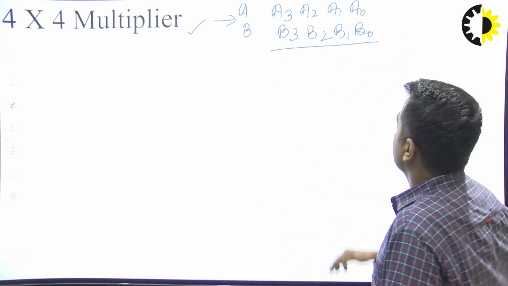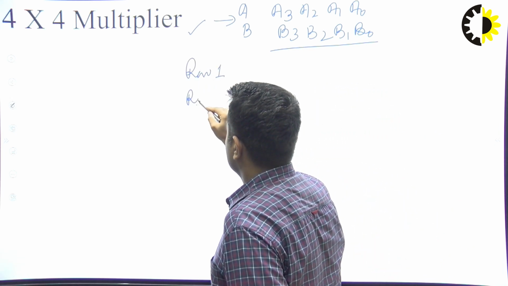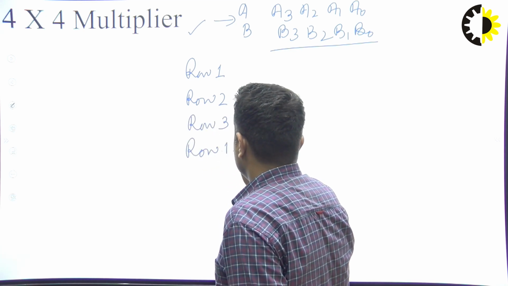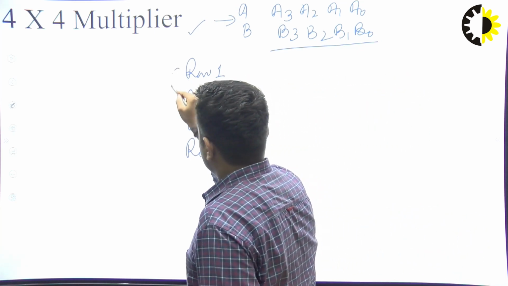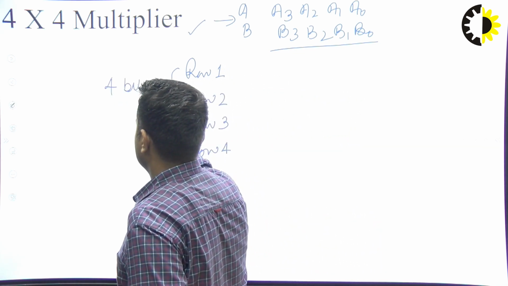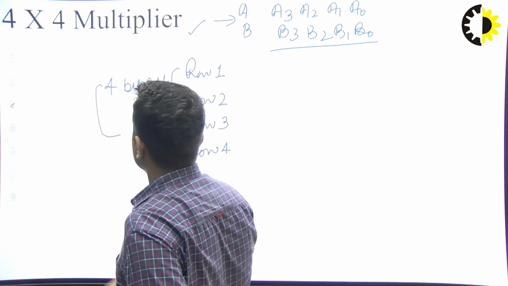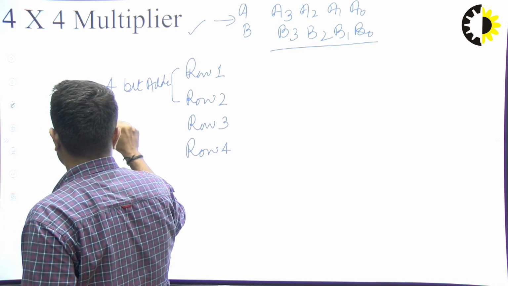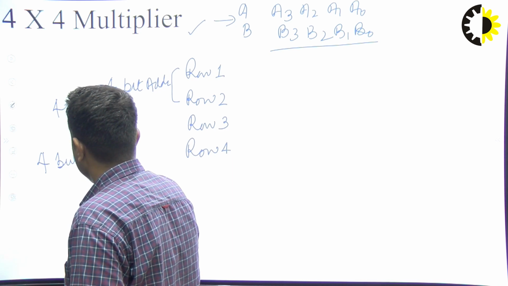Again, we can check that in that case we will require row 1, row 2, row 3, row 4. You can obtain these rows. First, row 1 and row 2 will be added using a 4-bit parallel binary adder. Then the sum of this will be added to row 3 using another 4-bit parallel binary adder. Then this and the last row will be added using another 4-bit parallel binary adder.